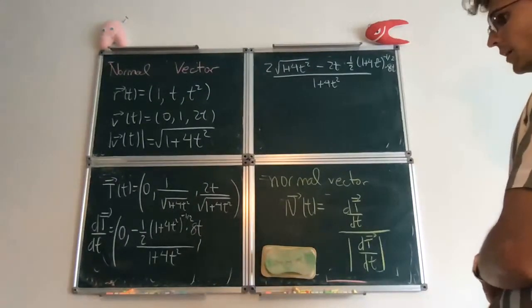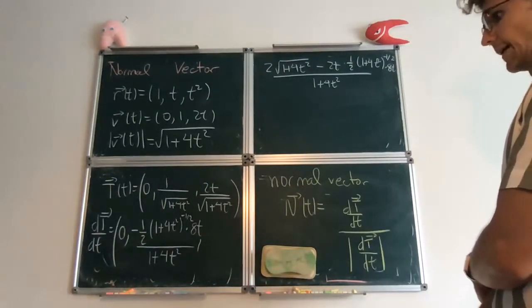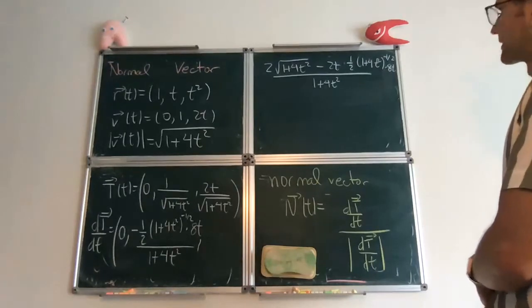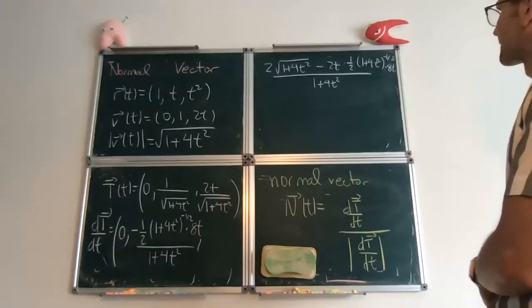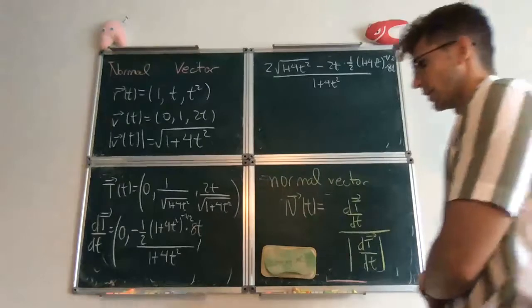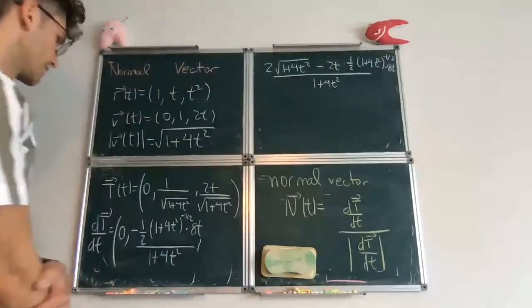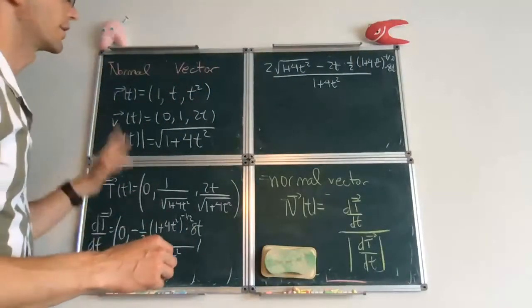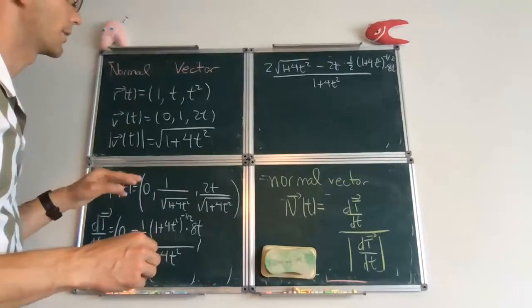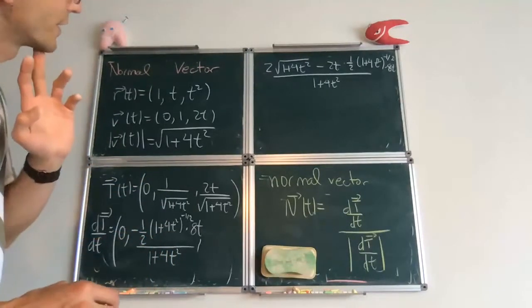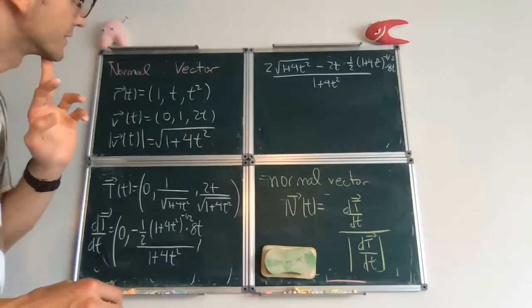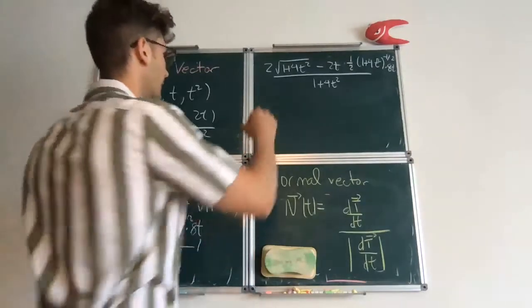Okay. And so, let's see, what's the best way to do this? Notice that there's going to be a 1 plus 4t squared in the denominator everywhere. So I might as well factorize it.